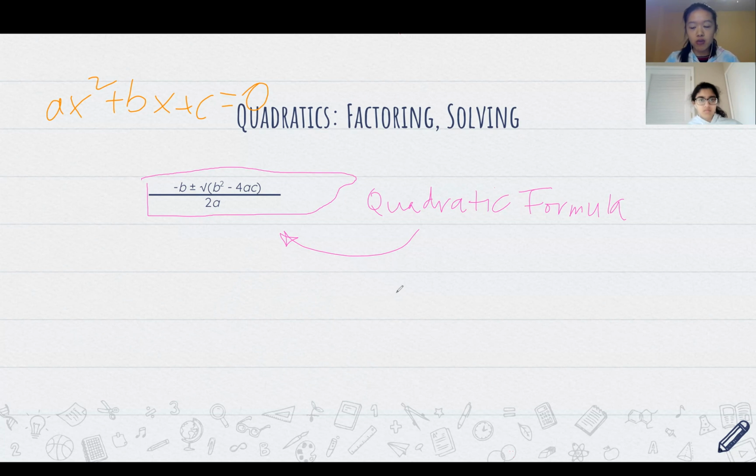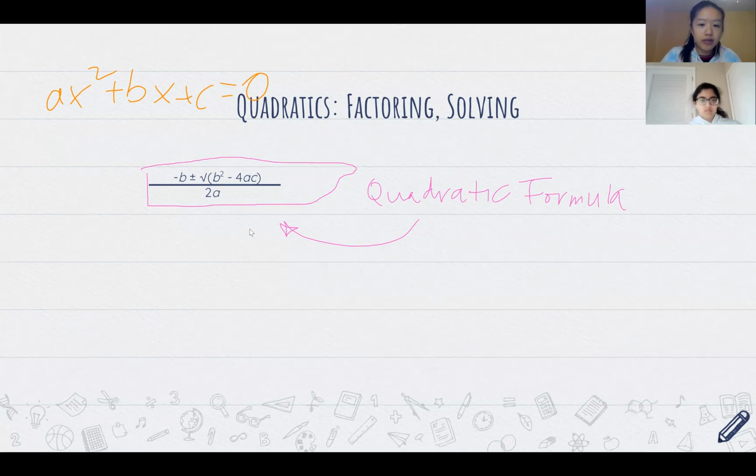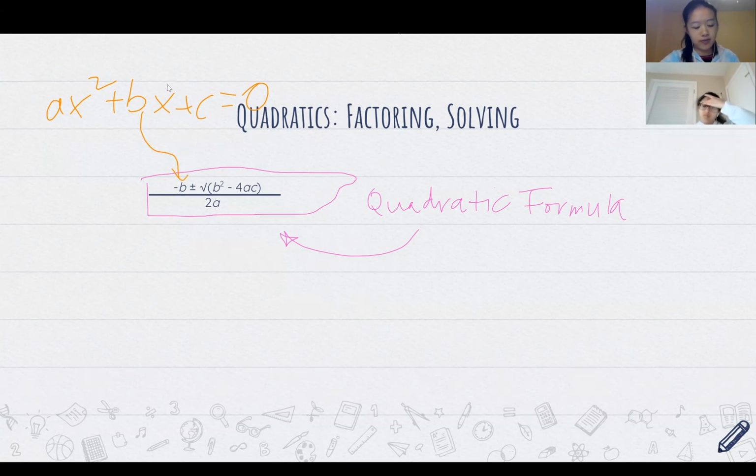One of the solutions involves a plus sign here, and the other involves a negative sign there. So whenever you want to use this formula, all you do is take these values and plug them in. The b goes here, the a goes where the a is, and the c goes where the c is.